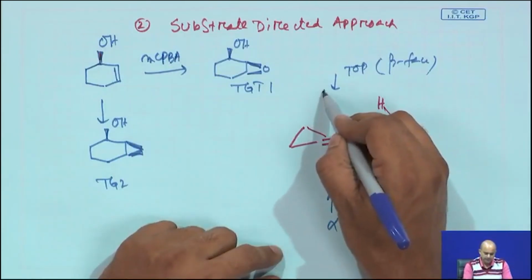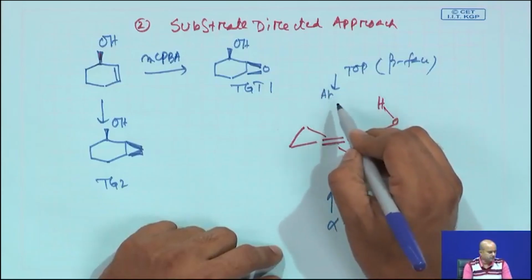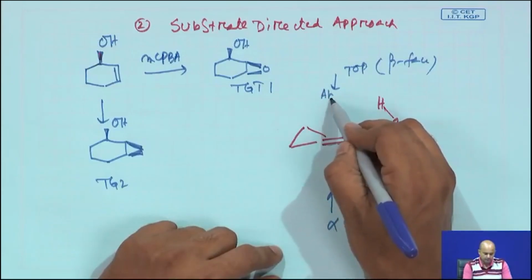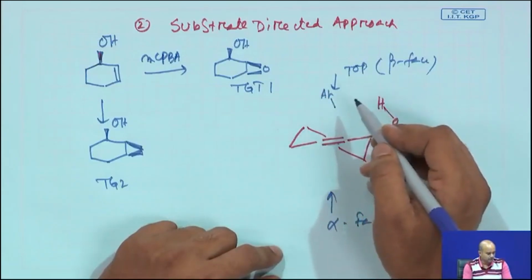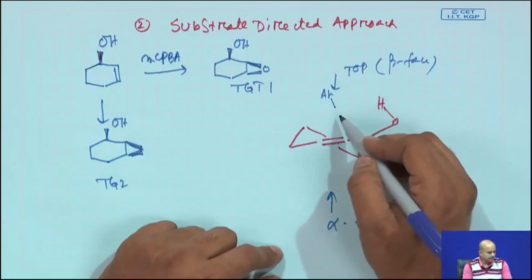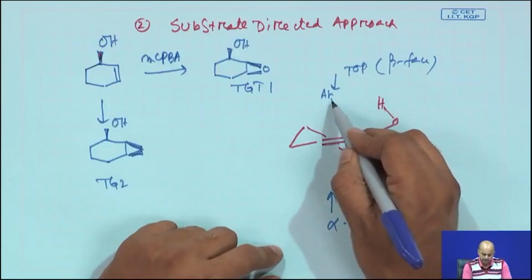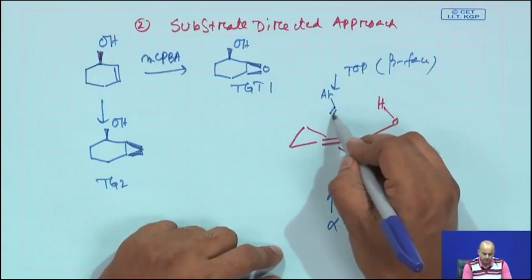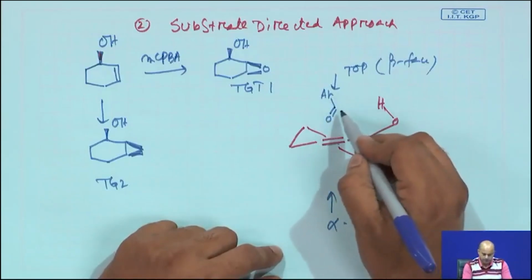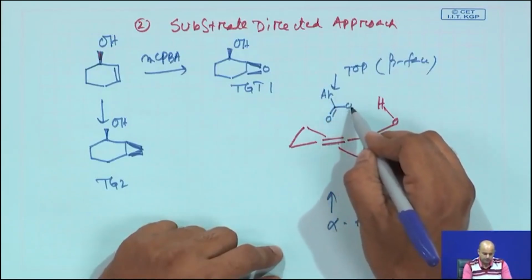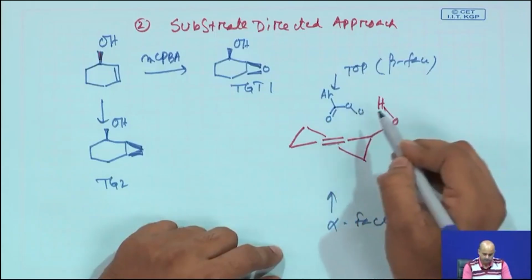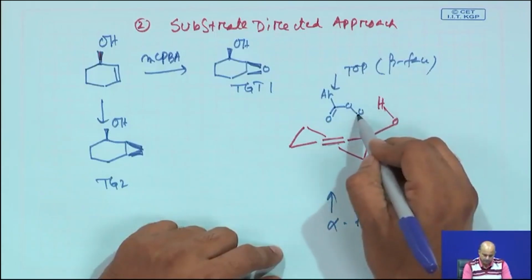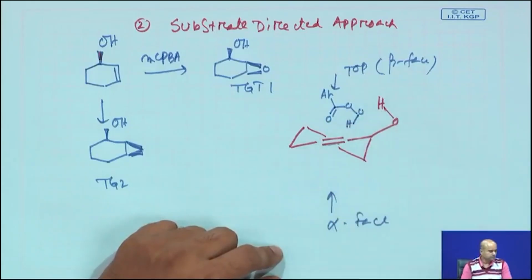Now, mCPBA, I will draw the structure. I will put Ar, where this aromatic group is basically meta-chloro. So, you put Ar C double bond O, you have this oxygen, another oxygen, and then H.